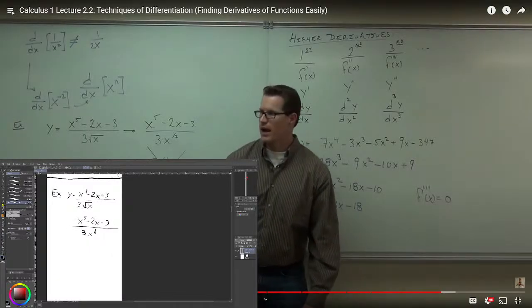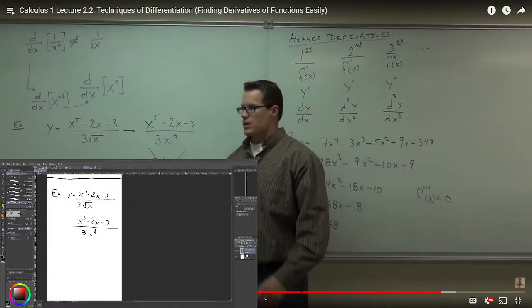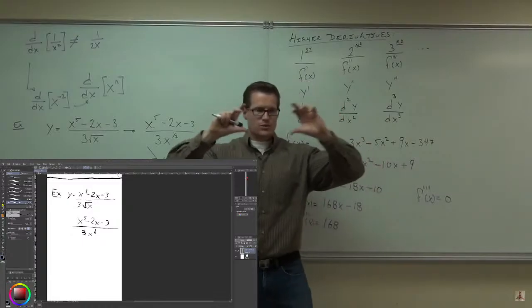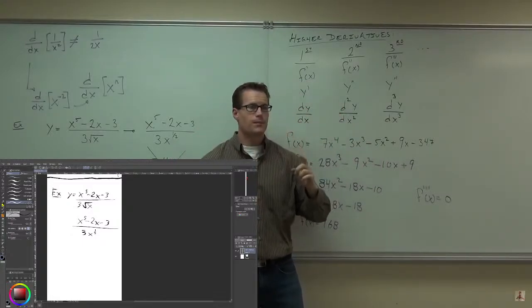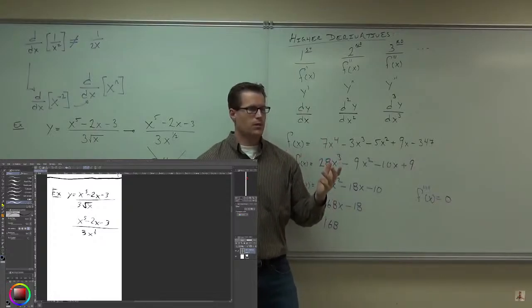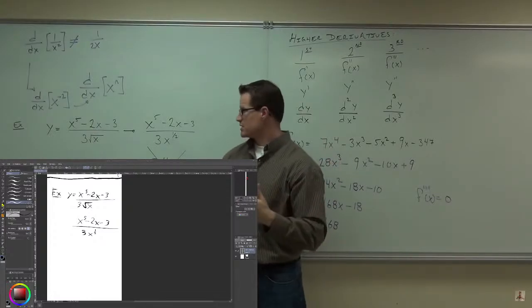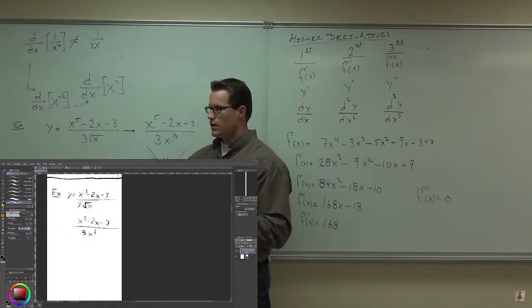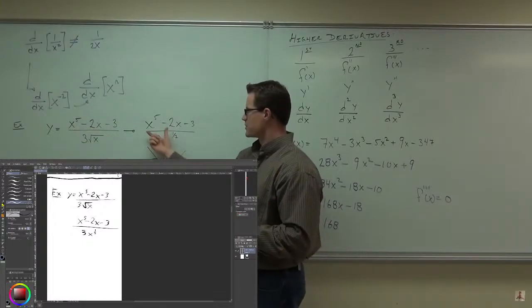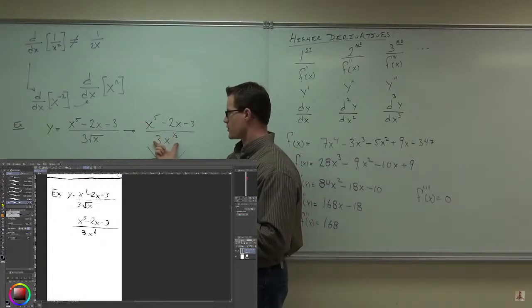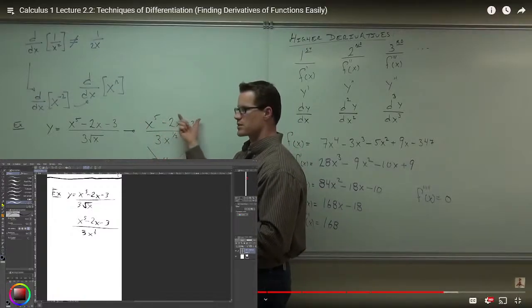Whenever I have several terms over one single factor, split it up. Let's split it up. So sometimes these daunting looking derivatives that you need to do, what would happen if I did split this up as x to the 5th over this, minus 2x over that, minus 3 over that?